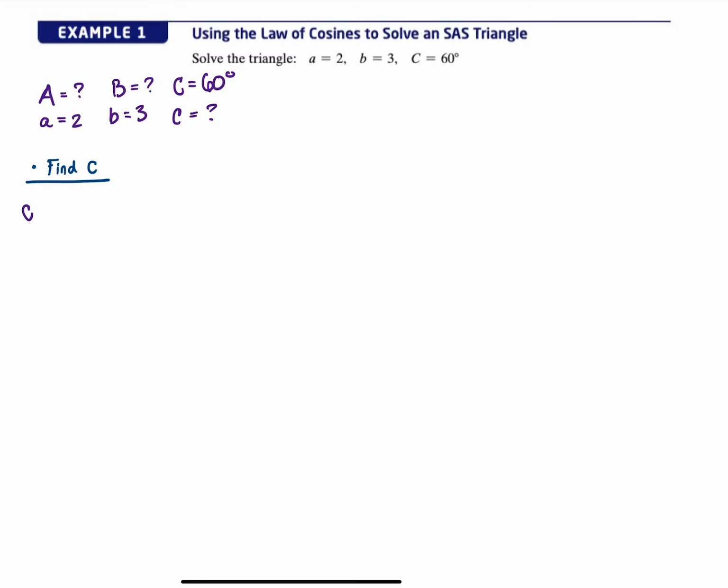It states that c squared equals a squared plus b squared minus 2ab times the cosine of angle C. So we have all of those other pieces of information, just need to plug in. So this would be equal to 2 squared plus 3 squared minus 2 times 3 times the cosine of 60 degrees.